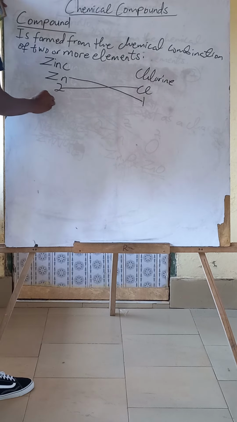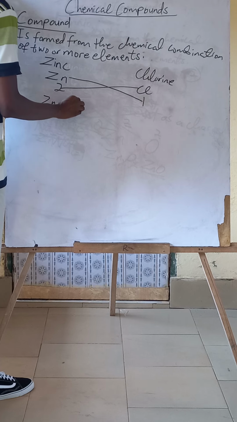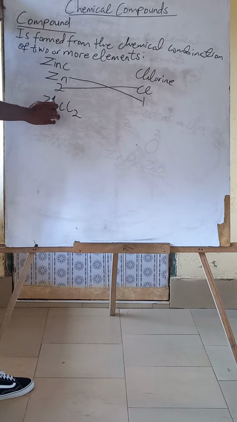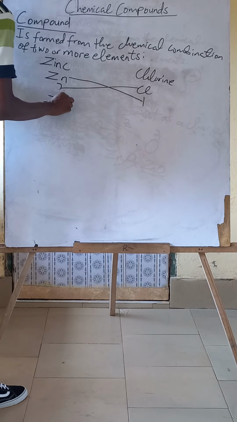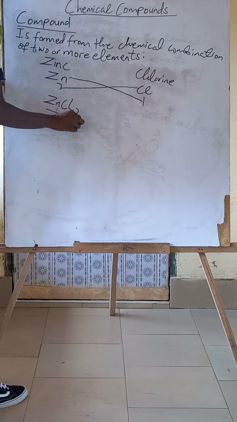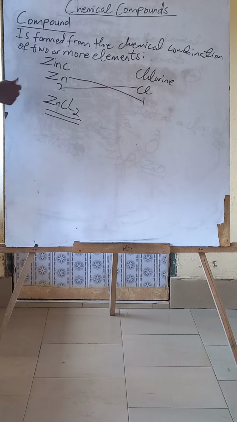So you get Zn1Cl2. But for the 1, you are not going to write it, so it will be ZnCl2. Zinc chloride. So this is how you can chemically form a binary compound from zinc and chlorine.